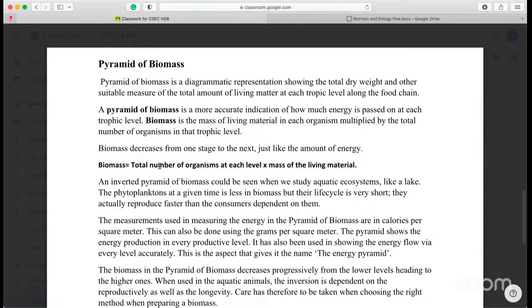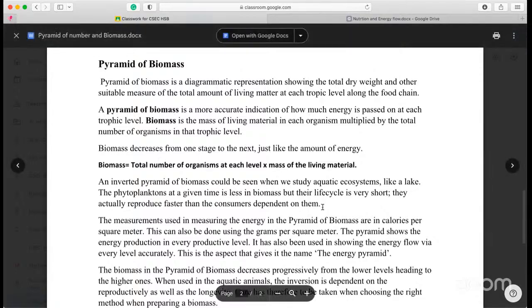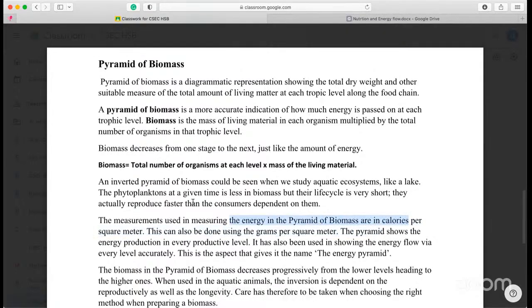are used as well. So the biomass pyramid is one that, as I said, takes into consideration the amount of organisms and their mass. Sometimes the measurements are given in calories per meter.